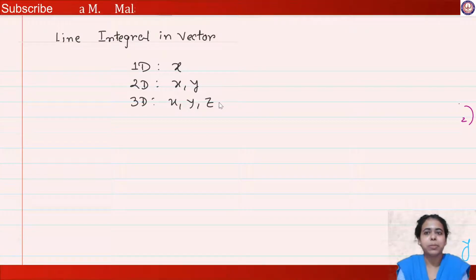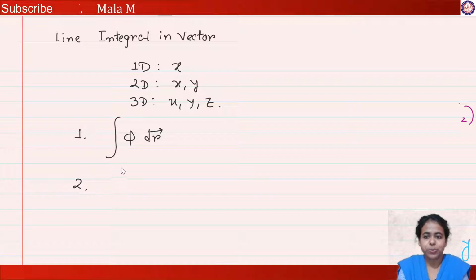There are three types of line integral. The first one is we can integrate any scalar function phi along a line. So this line can be in 1D, 2D or 3D.